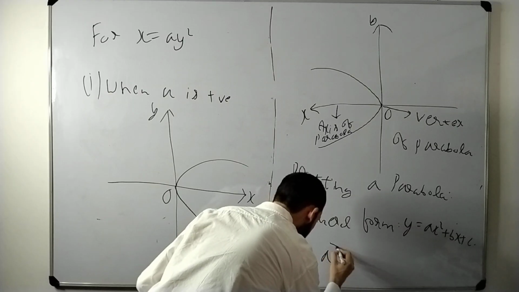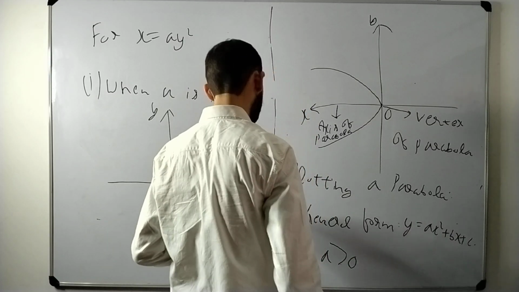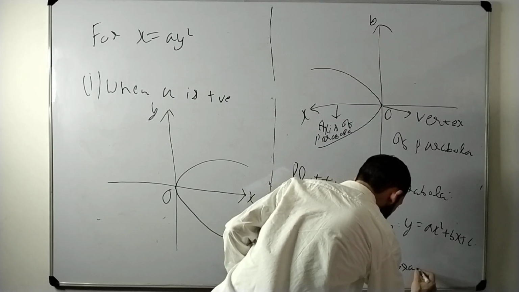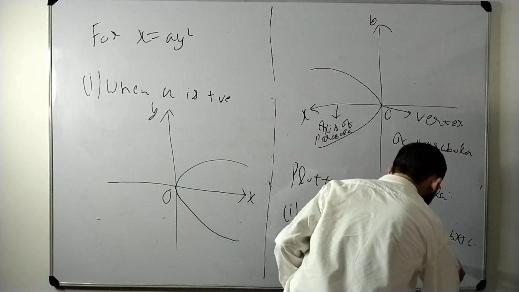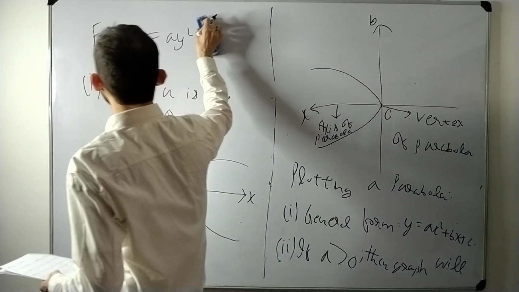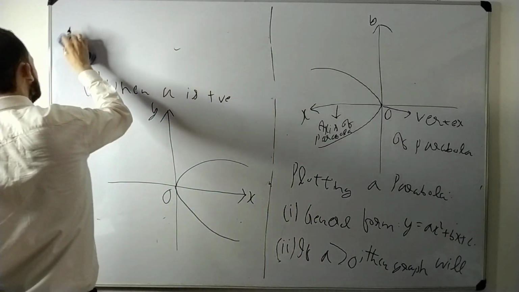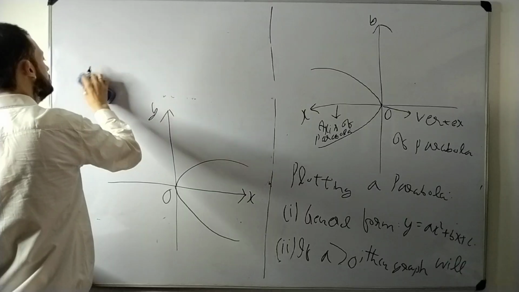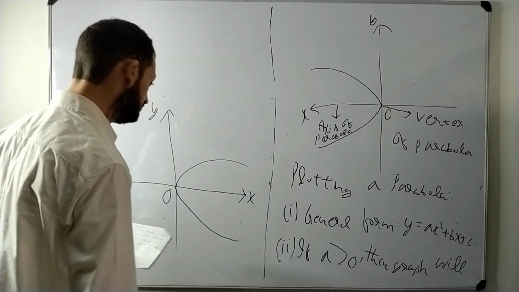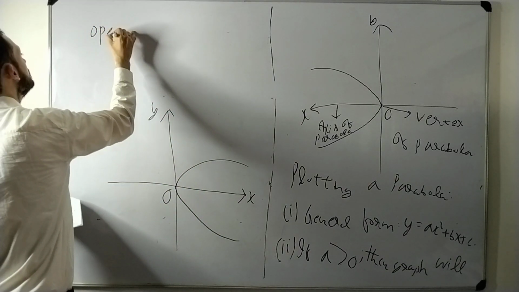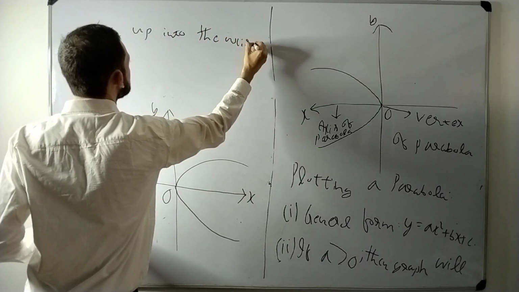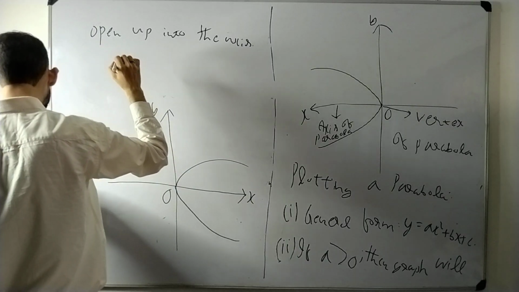If a happens to be greater than 0, then the graph will open up. Okay, students, it will open up into the axis.